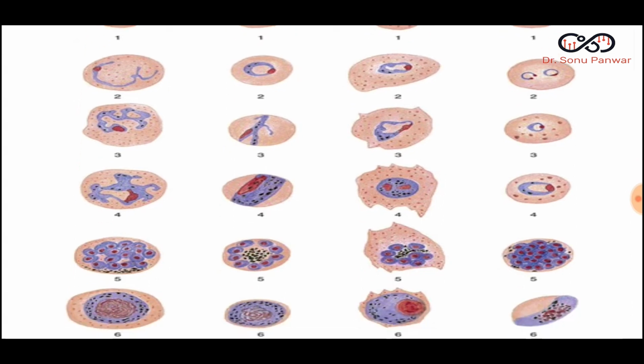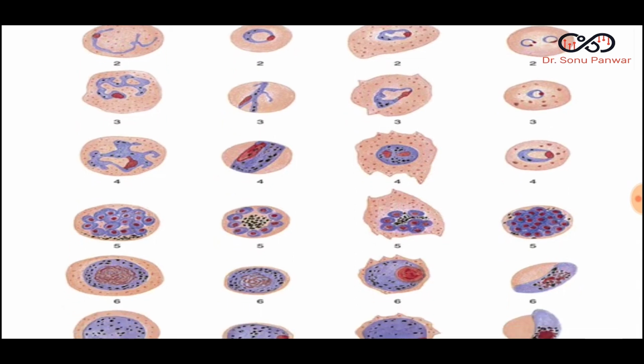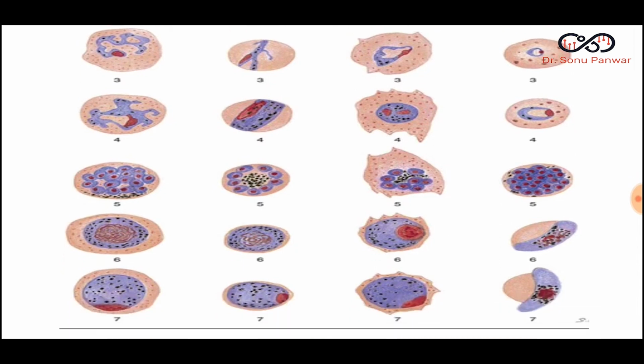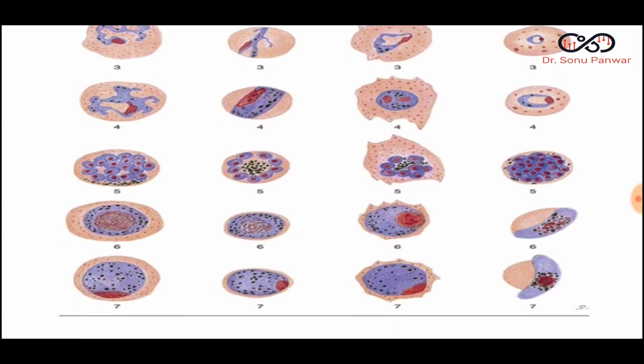And the fifth one is a mature schizont with merozoites. As you can see, these merozoites here have clumped pigment. The sixth one is a microgametocyte with dispersed chromatin. You can see the chromatin is dispersed. And the seventh one is a macrogametocyte with compact chromatin.